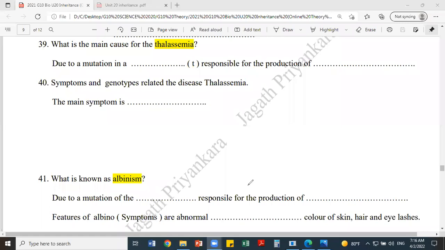Now, next one, thalassemia. That is due to a mutation in a gene responsible for the production of hemoglobin. Why hemoglobin? What is the main function of hemoglobin? Transportation of oxygen. These people cannot transport enough oxygen, and that's the main problem. The main symptom is anemia.